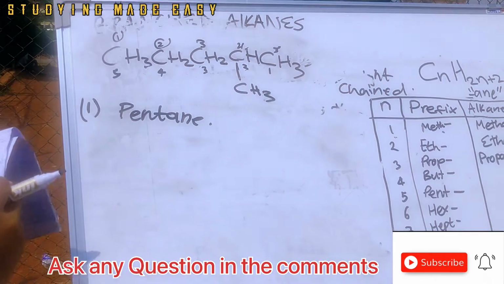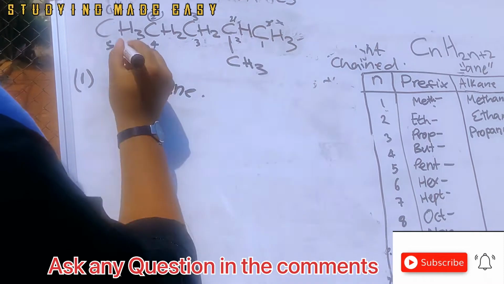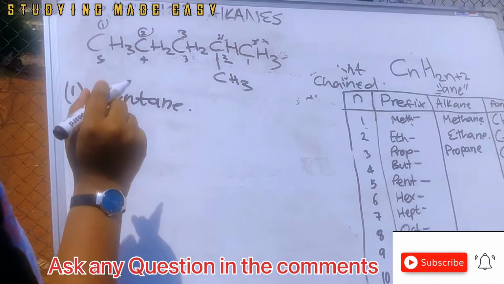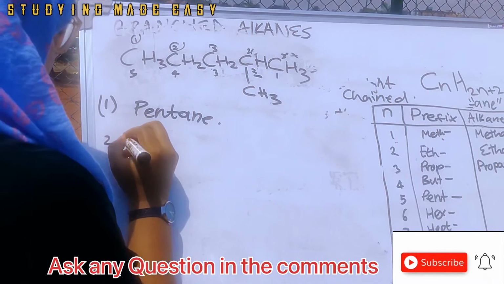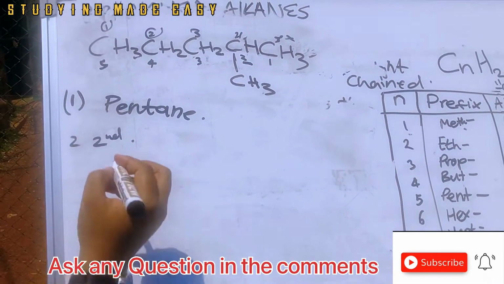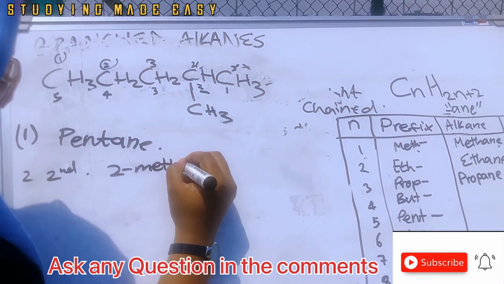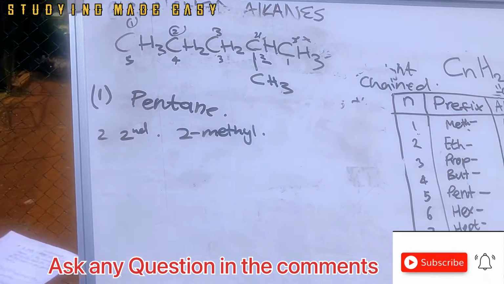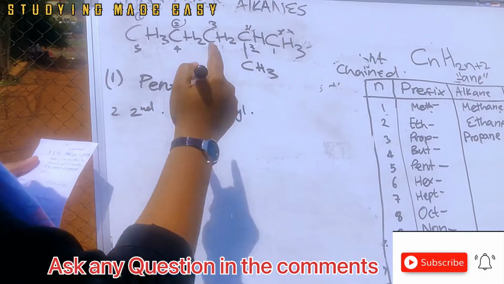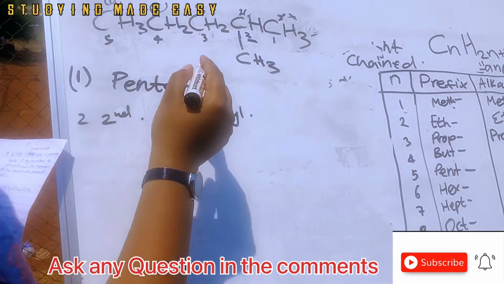Alright? So this one is basically wrong and we're going to go with the bottom one. So we've identified it's on the 2nd carbon. So we write here 2, or you can write 2-methyl. And then the third step, if there is only one substituent group present, you have to locate it, which we have done.